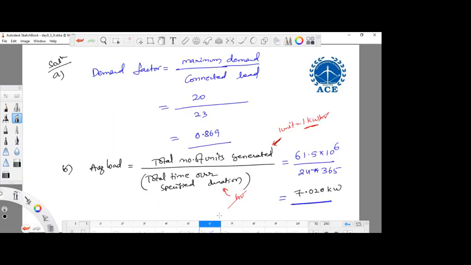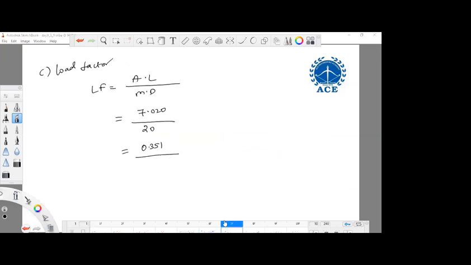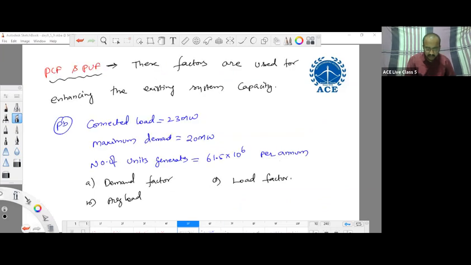Sir, here we are getting the average load in terms of kilowatts, and the maximum demand is in terms of megawatts. Okay, sorry.